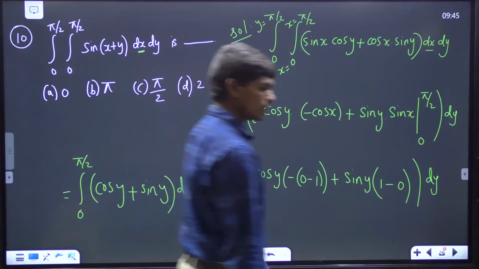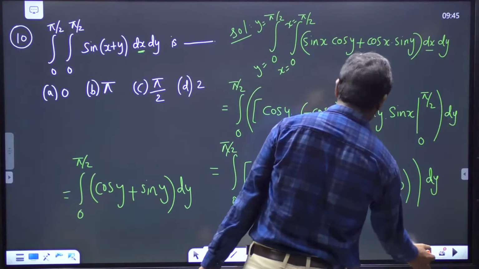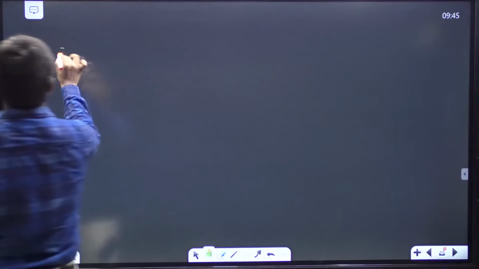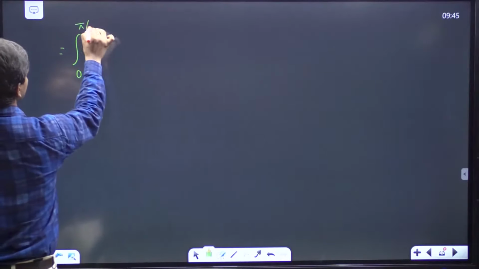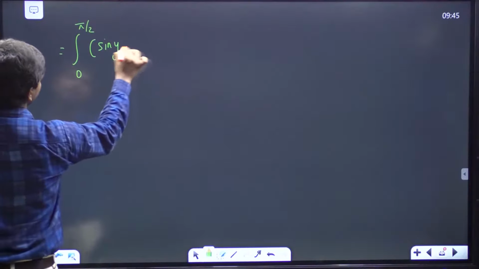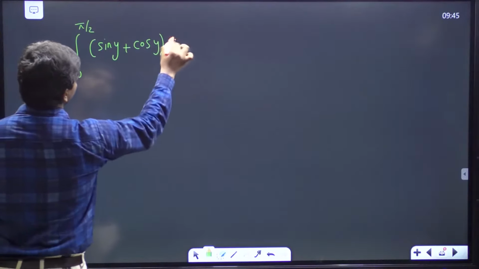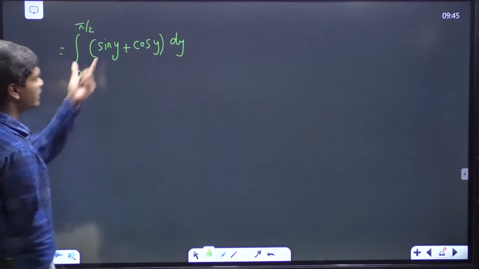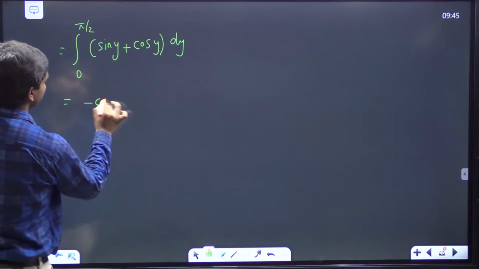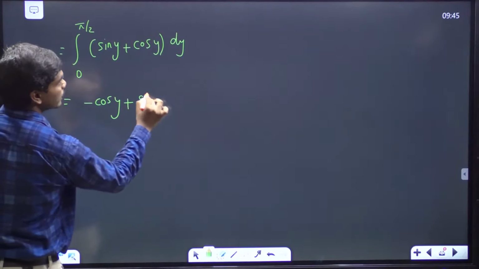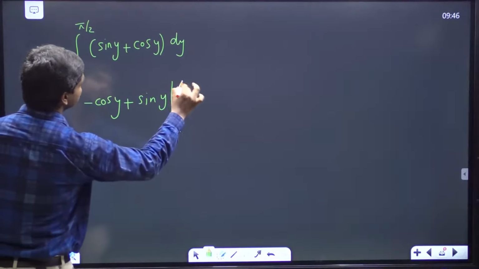Now I hope you can integrate this function. Integral 0 to pi by 2 of sin y plus cos y dy. The integration of sin y is minus cos y, plus the integration of cos y is sin y, within the limits 0 to pi by 2.